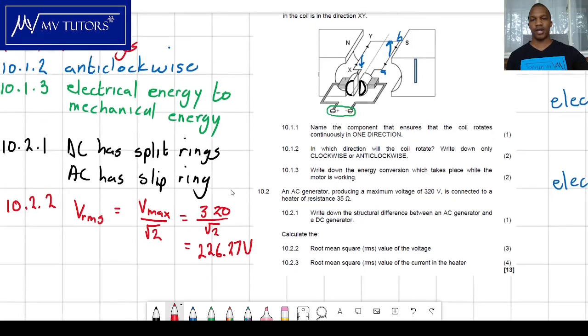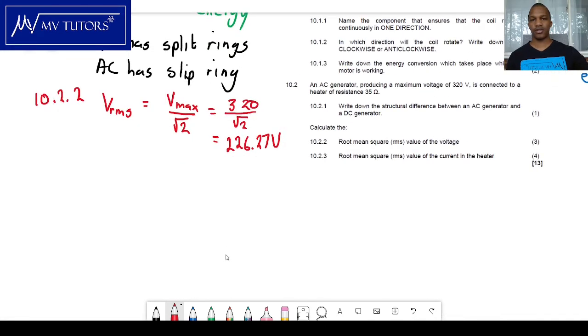Okay, let's check the next question. The next question says calculate the root mean square value of the current in the heater. Okay, so now we're looking for the current 2.3. Now we know the current RMS is equals to the maximum current divided by the square root of 2. Now, do we have the maximum current?